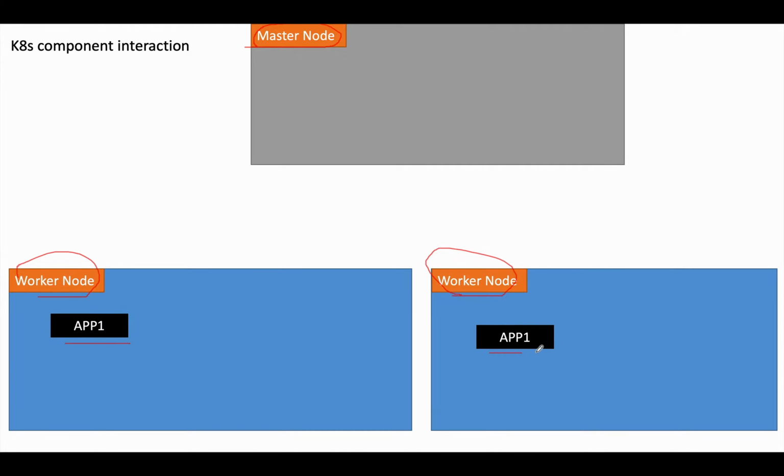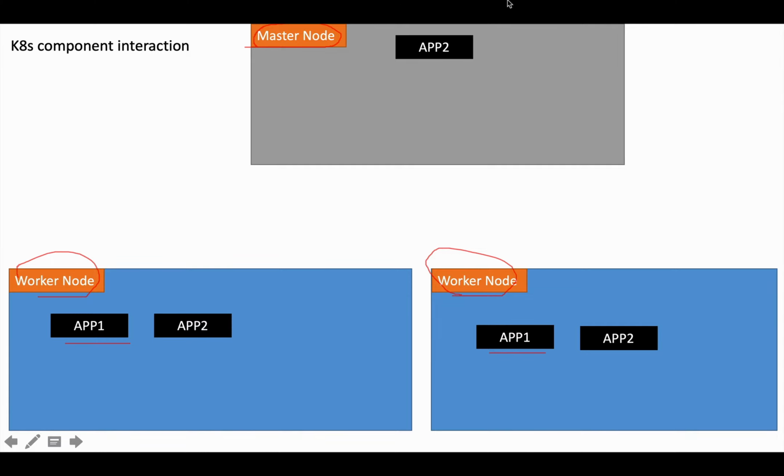and in factory B, we can say they are responsible for producing cars, and this app 2 is in the three nodes. They are both in the workload, two workloads and the master node.